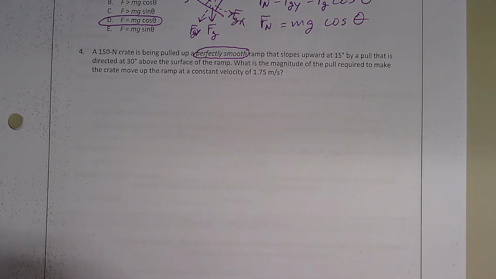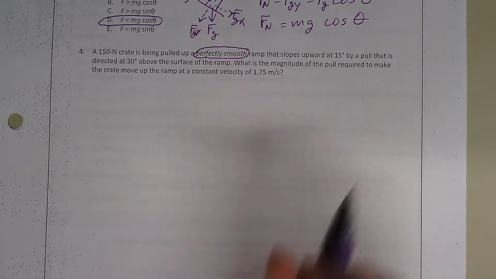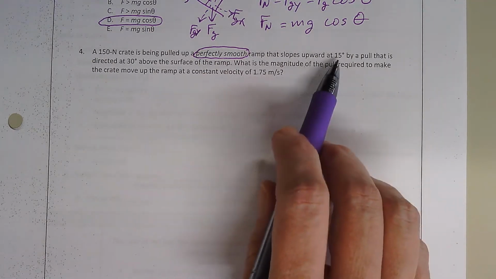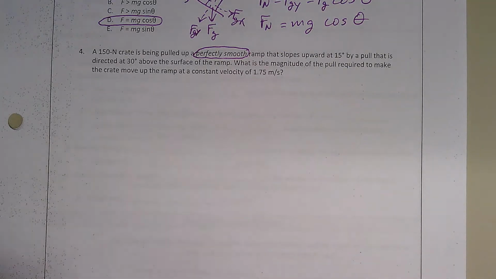What is the magnitude of the pull required to make it move at constant velocity? So we have a ramp at 15 degrees, and off of that ramp you have a tension force that is 30 degrees above the surface of the ramp.